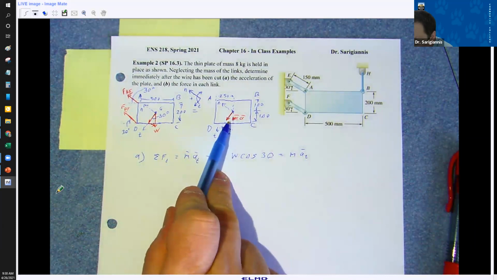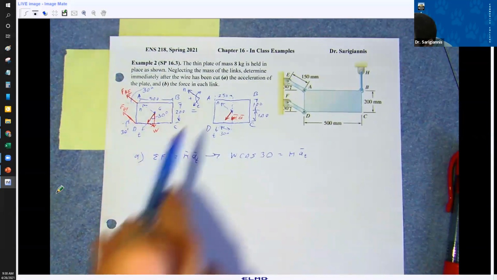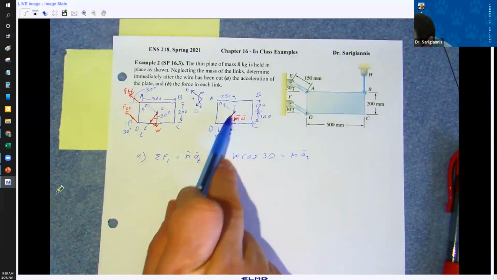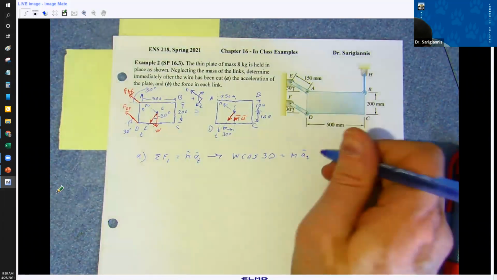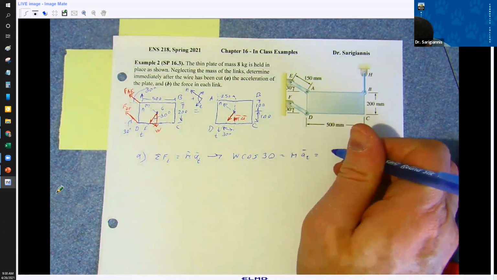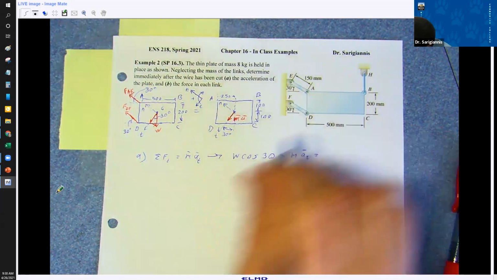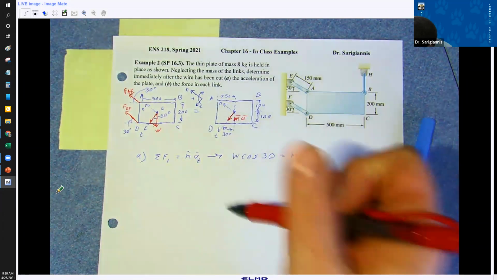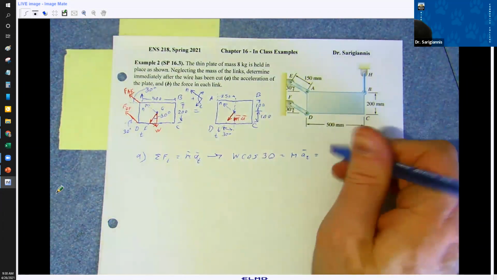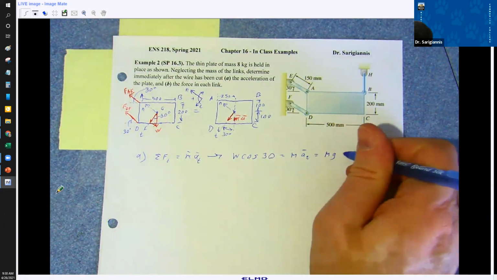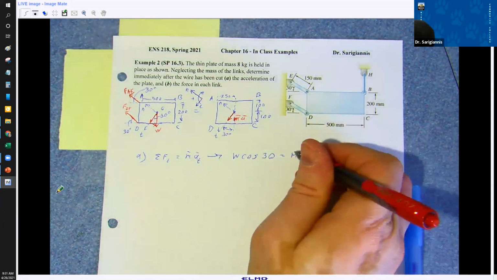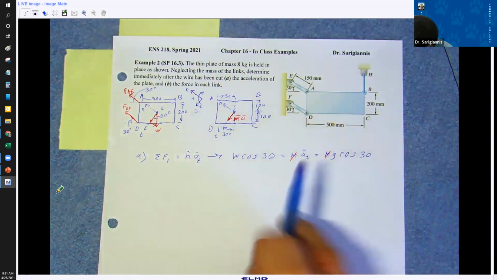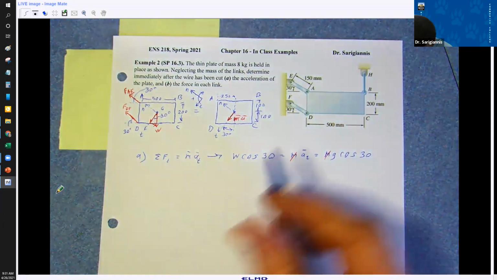We can break this down later, but this is basically all in the tangential direction here, right? And so we can cancel out. Let me rewrite this. This is mg, right? I'll just write it over here. Mg cosine 30. Let's cancel out the m's. We've got acceleration equals gravity times cosine 30.